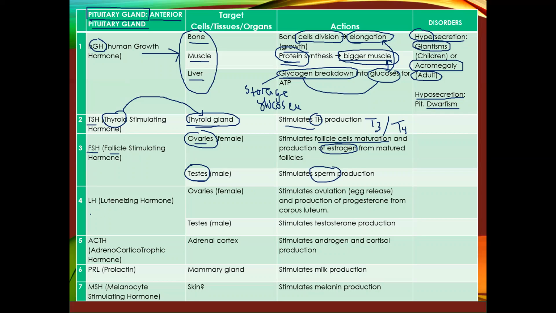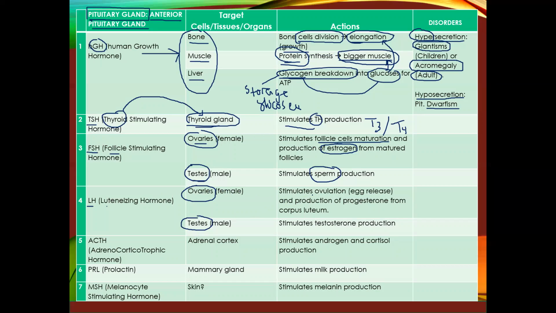The next hormone will be LH, Luteinizing Hormone, and this is also a reproductive hormone. The target will be the ovaries for female and the testicle for males.